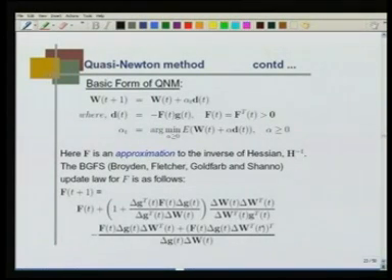I don't want to go into details, but those of you who are more interested to know about this topic further can search the work of these 4 authors, BFGS, and then you can figure out how they derive ft plus 1 based on ft. Okay. This is an iterative approximation of H inverse.